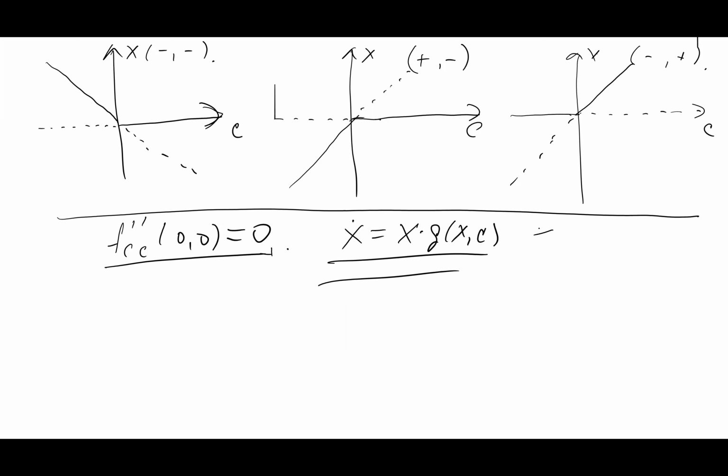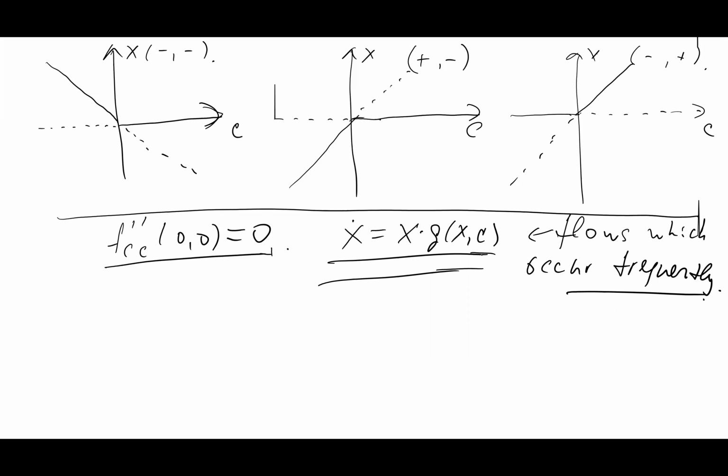So this is flows which occur frequently. So let's consider this kind of flow. For this flow, 0, 0 is an equilibrium.